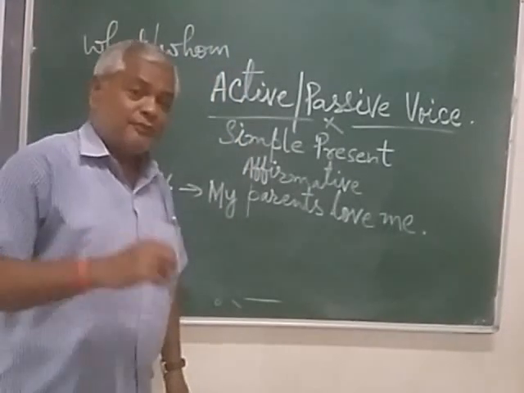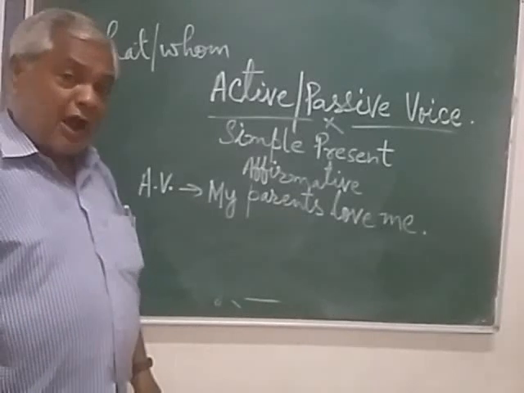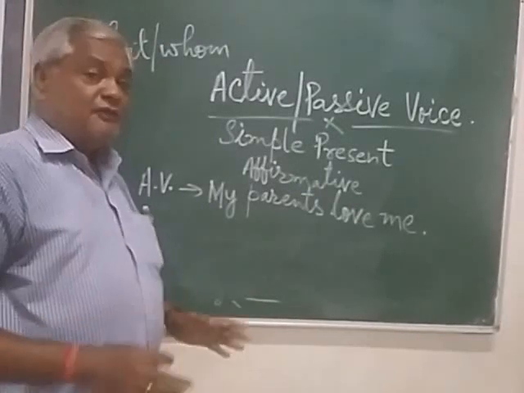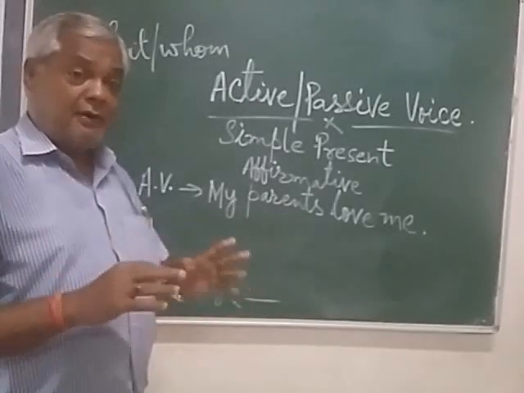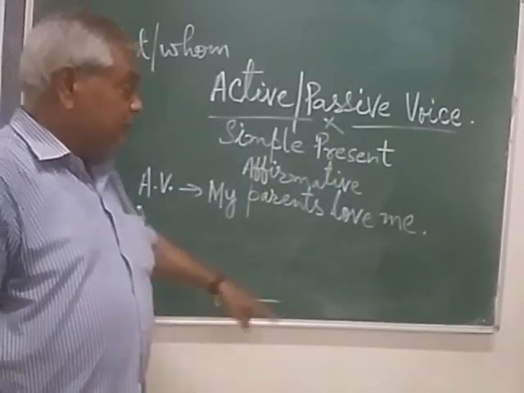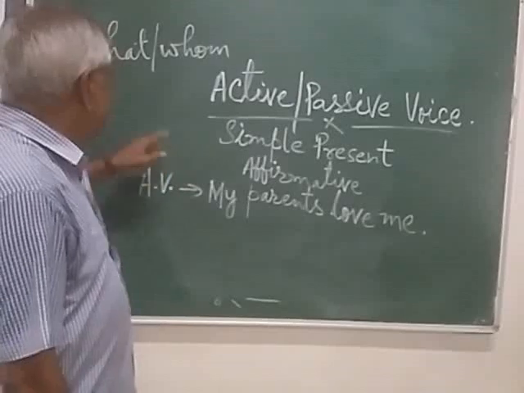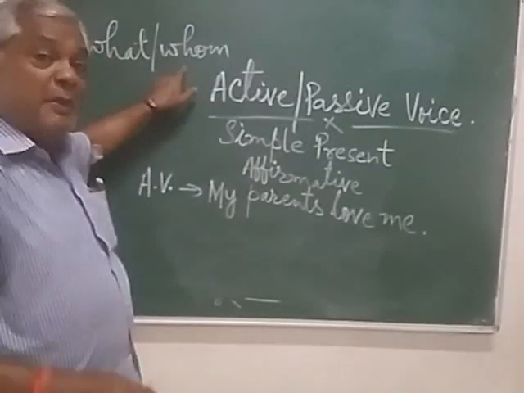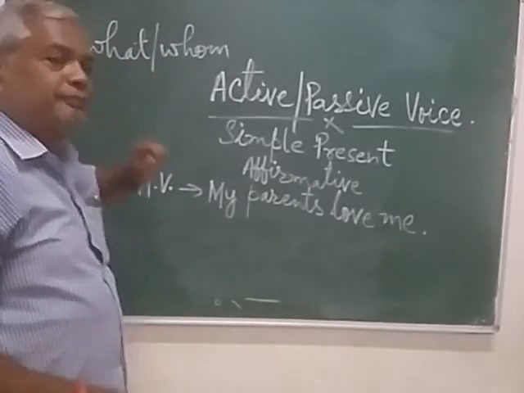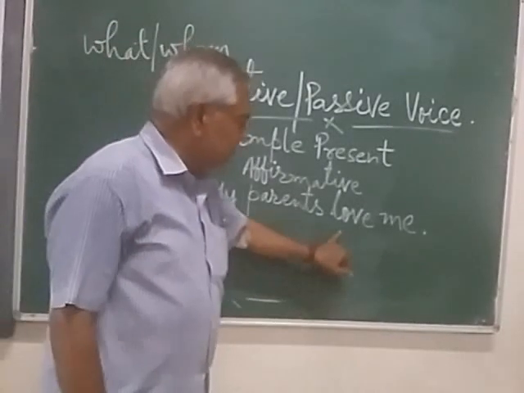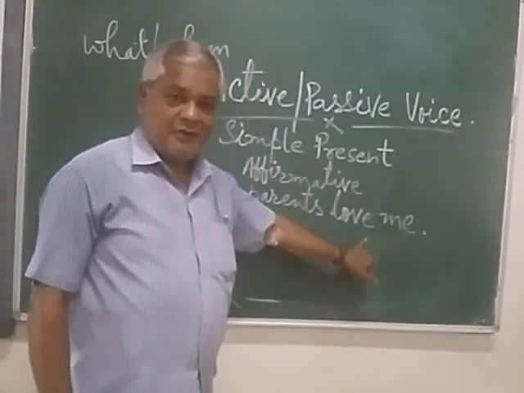To identify which verbs are transitive, before the action word you apply these words and ask the question, what or whom. Say, for example, the word love.